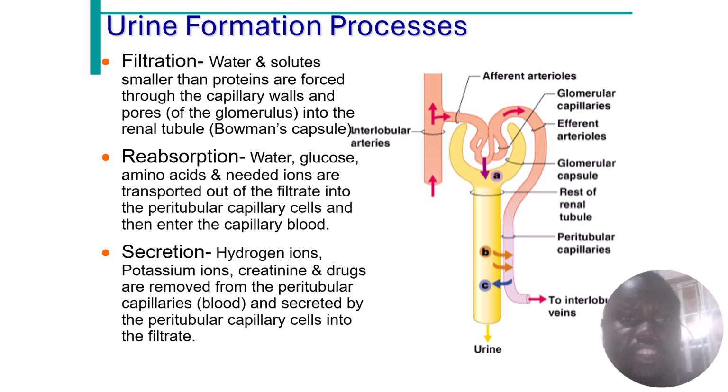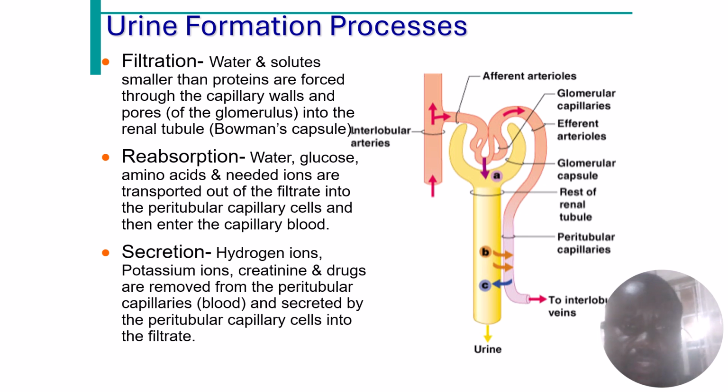So filtration is a process where blood is filtered through the glomerular capillaries, and there is non-selective passive pushing of water and solutes and smaller solutes through the capillary bed. Reabsorption is where most of the materials that are filtered are taken back to blood because they are needed by the body.